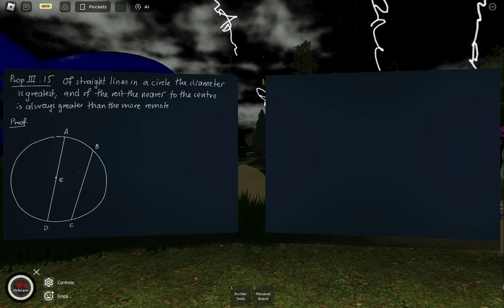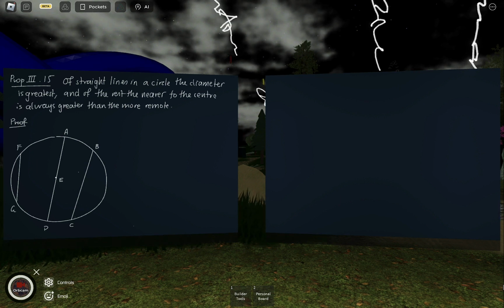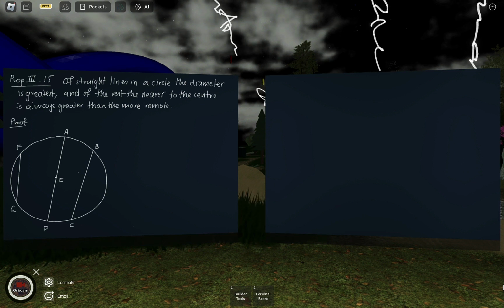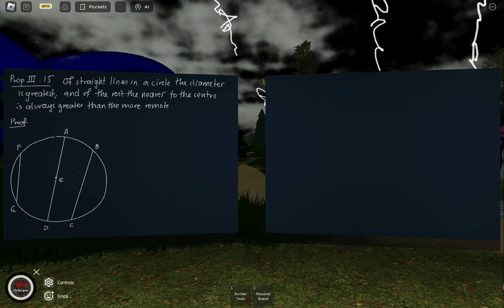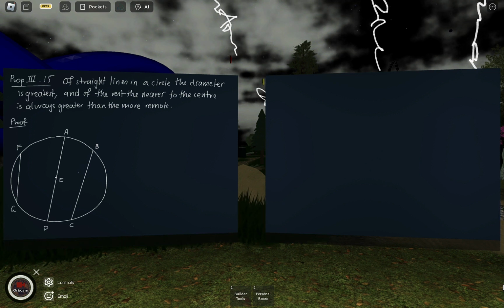And FG more remote. Now we know what that means from what Kenneth just said. We also know that those lines from the center bisect these line segments by earlier propositions. Those lines are greater or lesser. That's what we mean by more remote or less remote. So we say AD is greatest and BC is greater than FG. I won't write it. That's the goal.